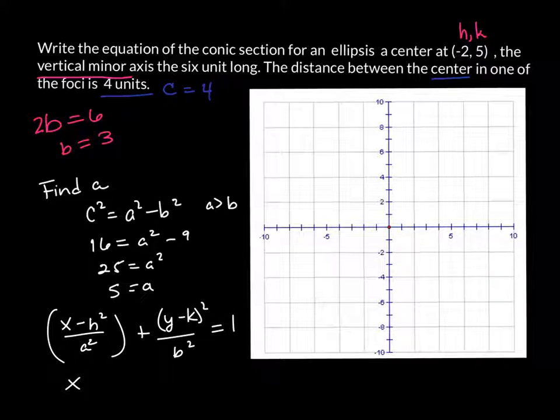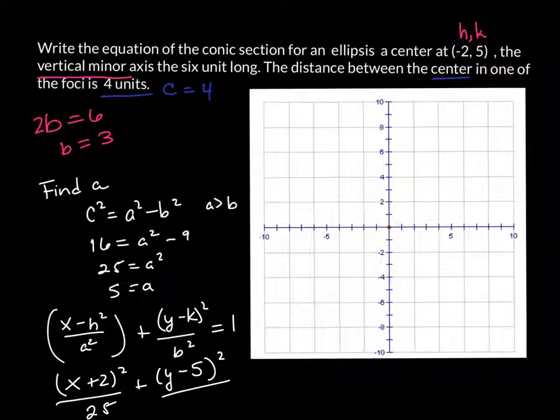Now remember, what we have here inside our formula tells us that we have to change the sign of both h and k. So that leaves us with x plus 2, quantity squared. This is the major axis, so this is over a squared, or 25, plus y minus 5, quantity squared, all over 9 is equal to 1.